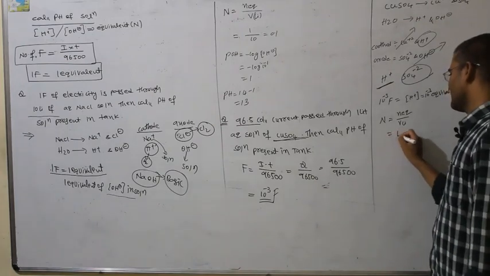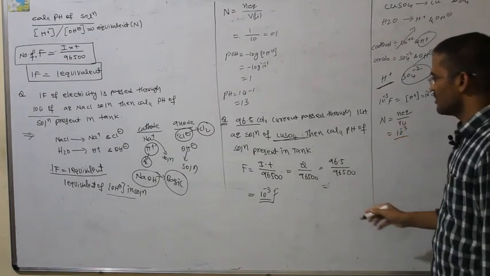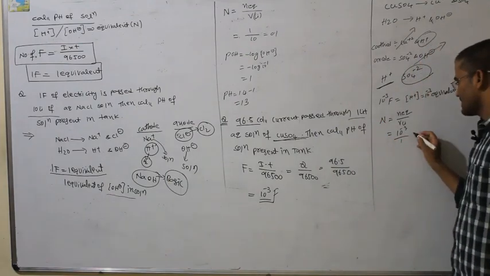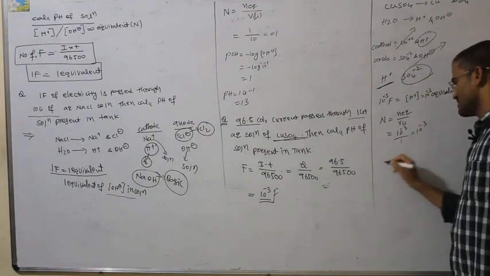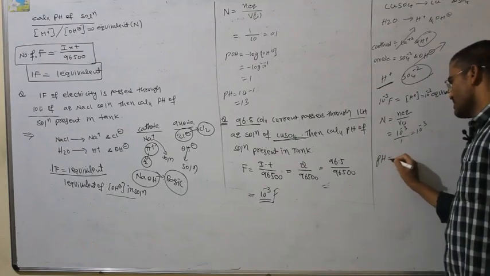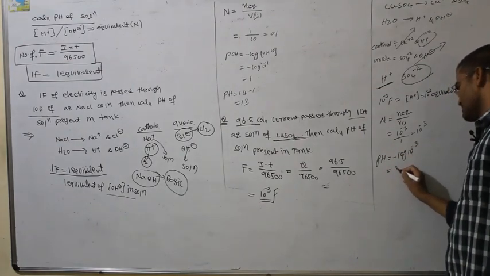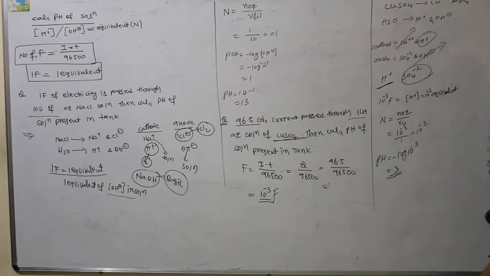The number of equivalents is 10 power minus 3, and the volume given is 1 liter. So the H plus ion concentration is 10 power minus 3, directly substitute in the pH formula. pH is equal to minus log of the concentration of H plus, 10 power minus 3, so pH equals 3. In this manner we can proceed to calculate the pH.